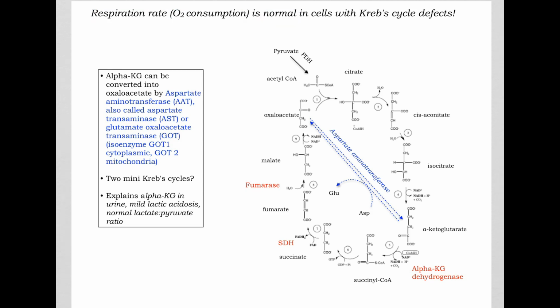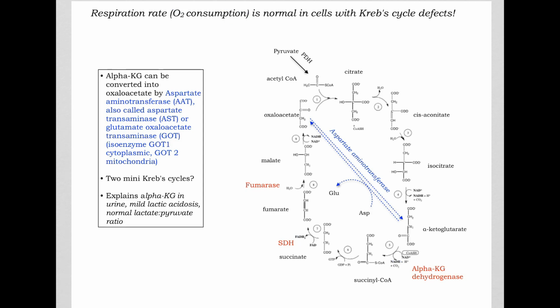One would expect that with these deficiencies, NADH or FADH2 production will be affected, and so the amount of NADH or FADH2 reaching the electron transport chain will be affected, and therefore oxygen consumption will go down and the respiration rate will be lower. But we don't see that in these 24 cases with Krebs cycle defects.